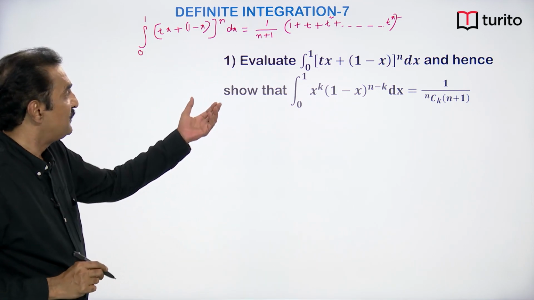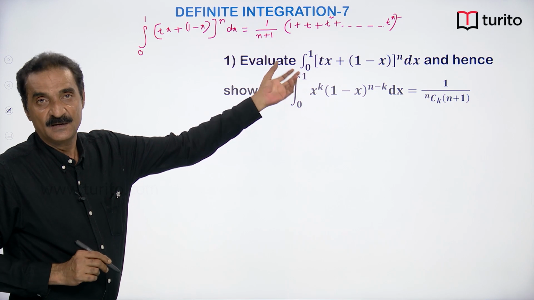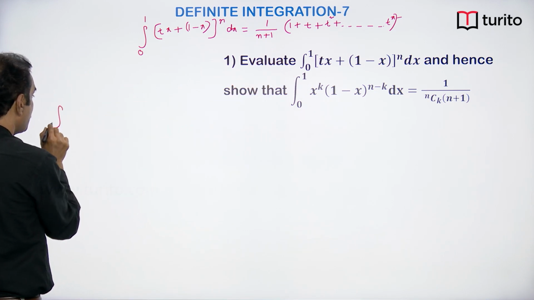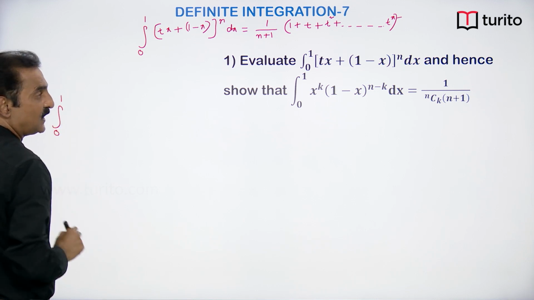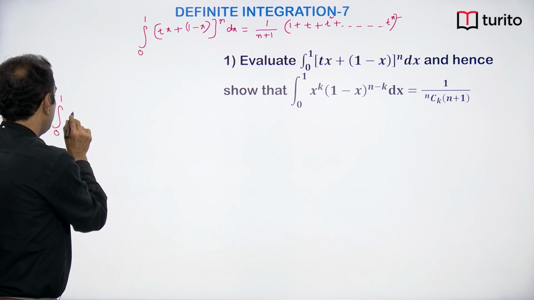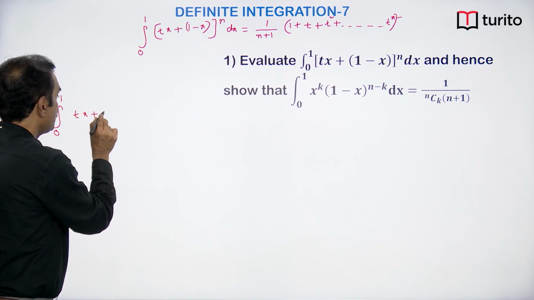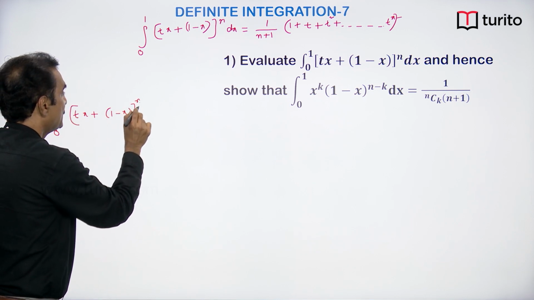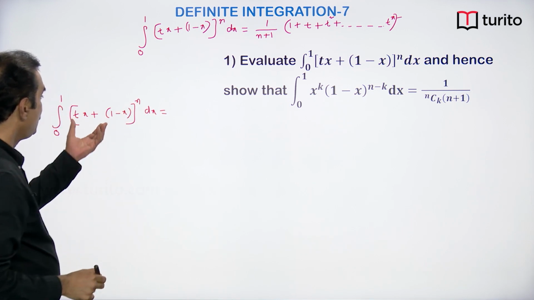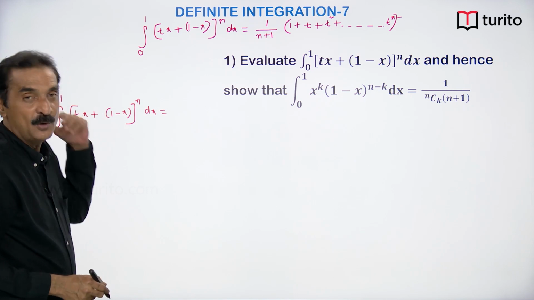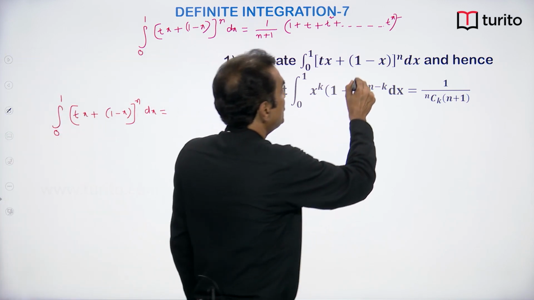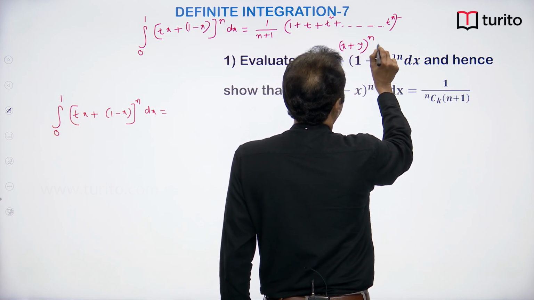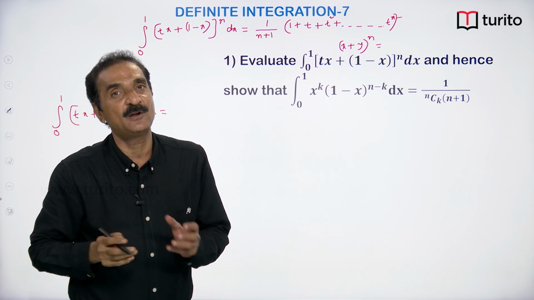Now I am going to find the same integral in a different way. We can write the integral from 0 to 1 of (tx + 1 - x) whole power n. I will first expand this by the binomial theorem. I hope all of you are aware of the basic binomial theorem.